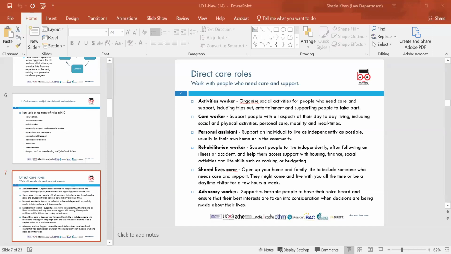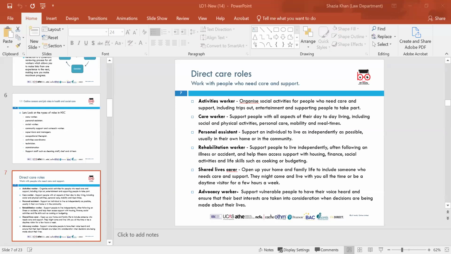They mainly deal with people in their home, or in the community, and they deal with organizing and supporting that person's physical and social activities, booking their appointments or going to the appointments with them, helping them to get to work, or if they go to college or university, any sort of personal care with dressing, supporting tasks, and monitoring their medication as well. So that's a personal assistant.